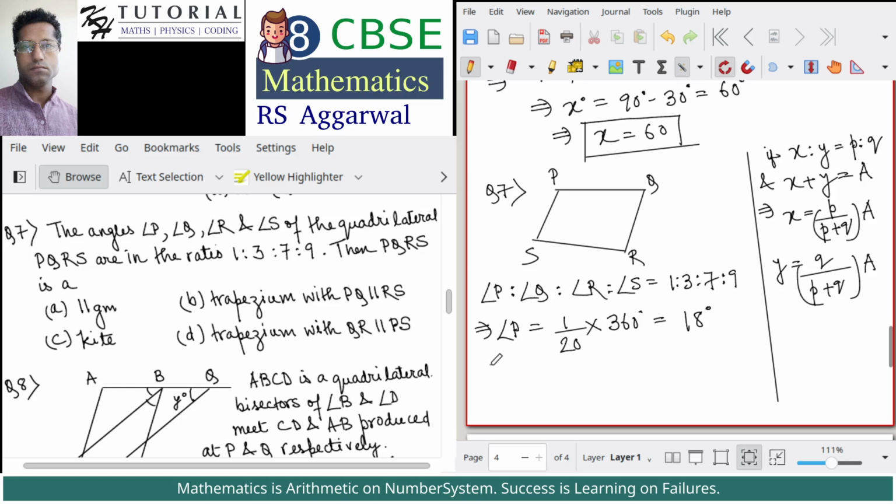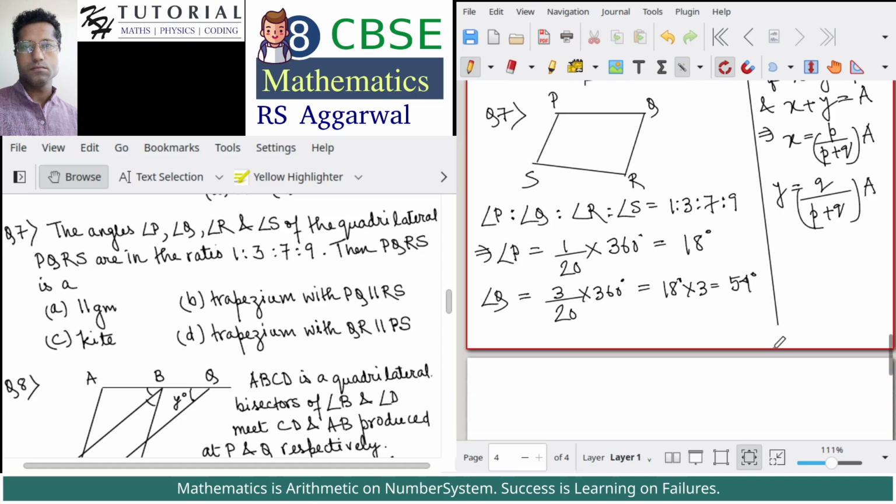Angle Q will be similarly 3 by 20 multiplied by 360 degree, which is 18 degree multiplied by 3, equal to 54 degree.